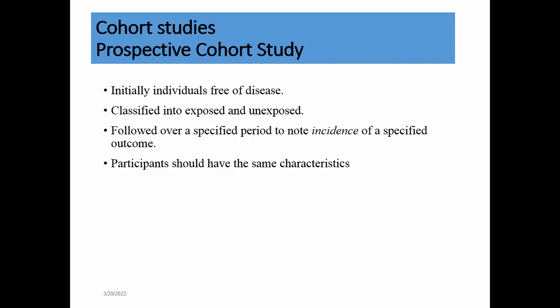For example, if you are dealing with patients who have, let me say, heart disease, and you try to compare the risk of developing high cholesterol levels. First of all, they have the same common disease.